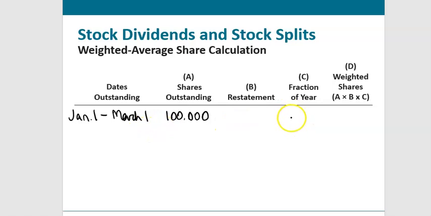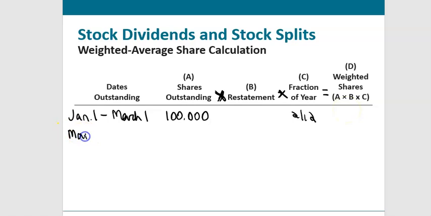And let's just work in the fraction of the year, January and February. So this is 2 out of 12 months. And we're not going to multiply anything yet at this point. We'll prepare the schedule at year end, at which point we'll know whether or not we need to go back and restate. So let's leave the restatement field and the calculation for weighted shares blank for now.